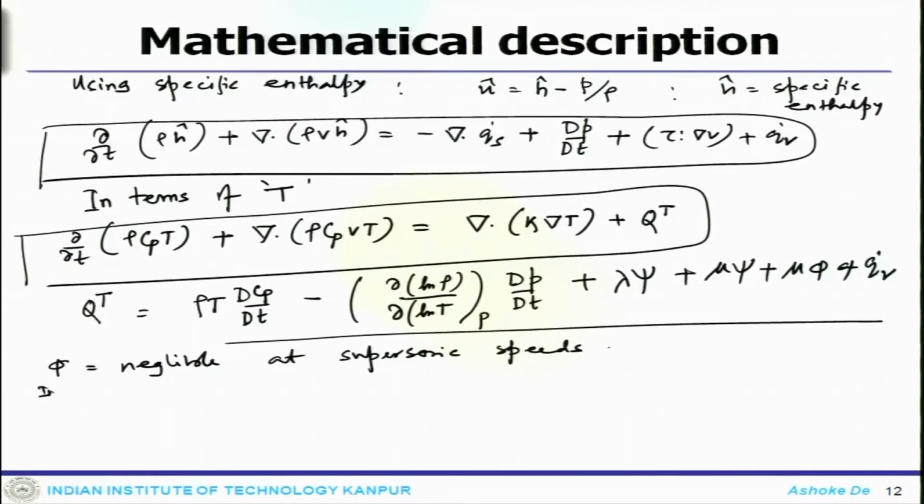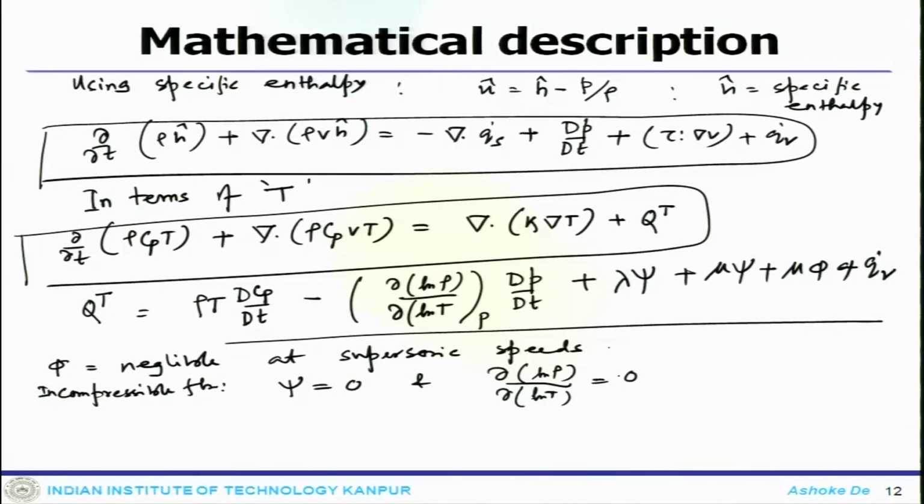Similarly, for incompressible flow, the psi becomes 0, and also this term, del ln rho by del ln T, becomes 0.